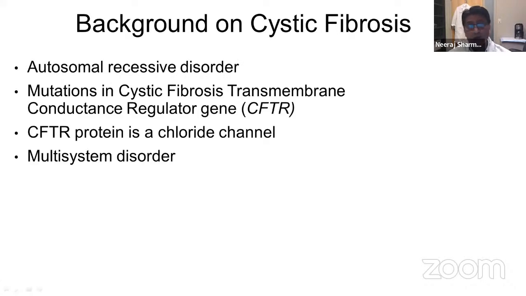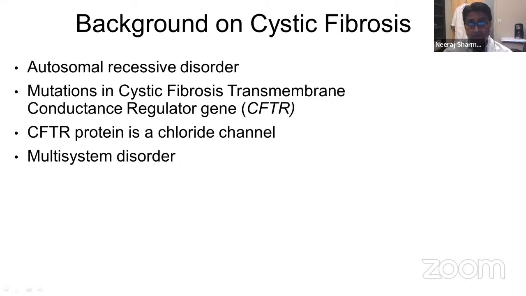Giving you a brief background on cystic fibrosis: CF is an autosomal recessive disorder, which means it is a genetic disease inherited from the parents. Parents are carriers, and they lead their normal life. However, the unfortunate children who get one copy from each parent have to deal with this devastating disease. The mutations in the CFTR gene are responsible for dysfunctional CFTR.